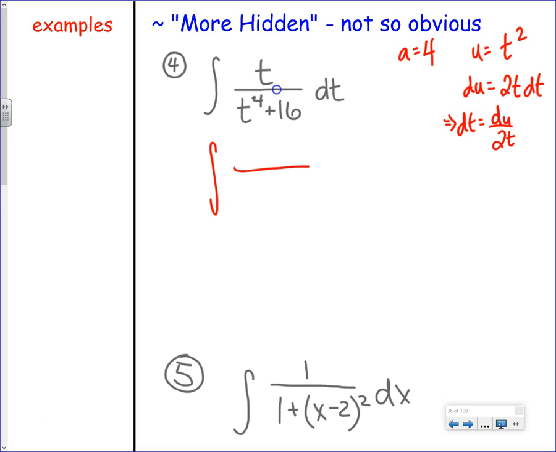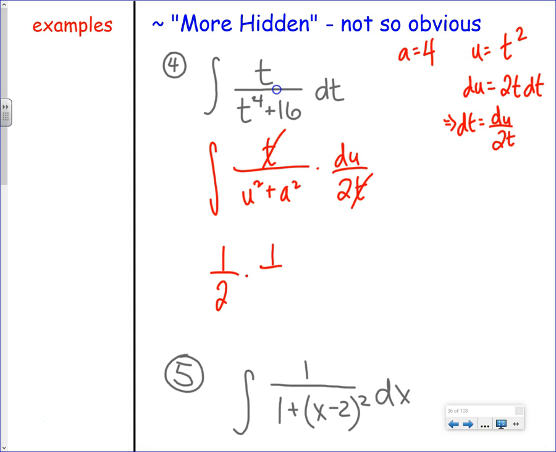Another hint: when your u sub of the entire denominator doesn't get enough, it's still probably inverse trig. Even when you have a variable on top, if your u is something like t squared, that t is fine, because when I go to plug in, I'll get u squared plus a squared times du over 2t. Take out a 1/2. And now use your rule.